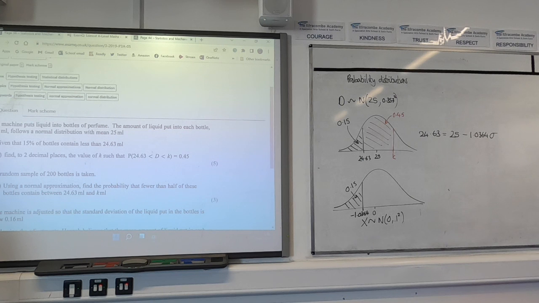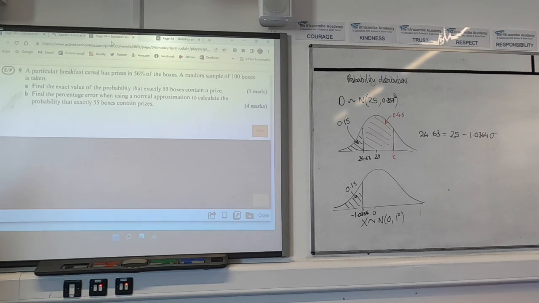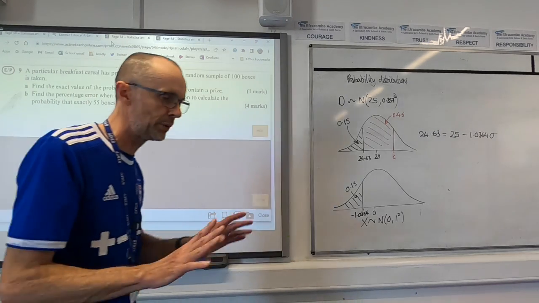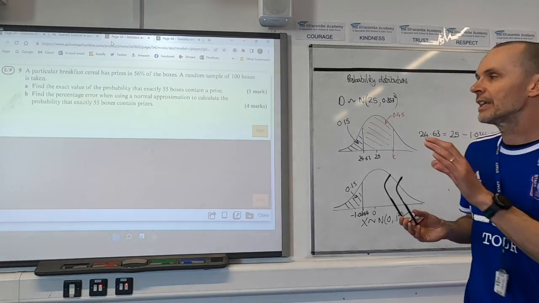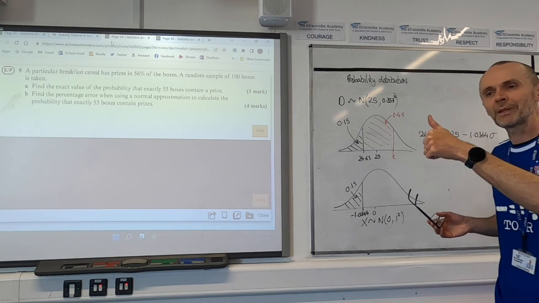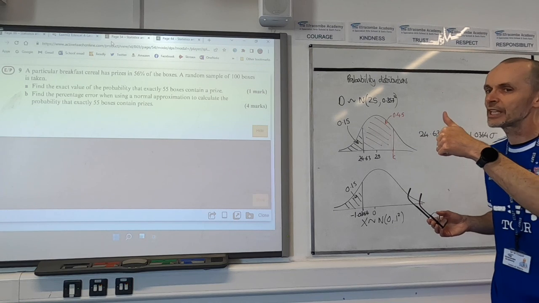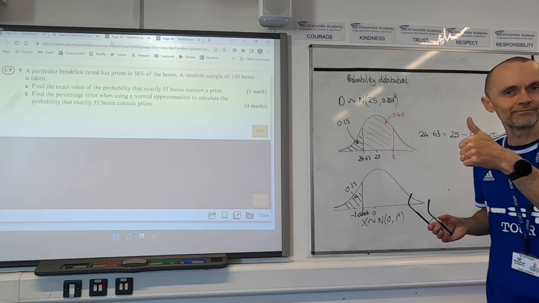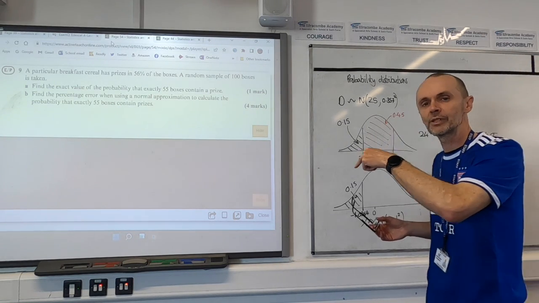Okay, so this is the last bit that we need to cover in terms of the normal distribution. And this is particularly important because the pre-release says discrete probability distributions, doesn't explicitly mention binomial, but then says the normal approximation.